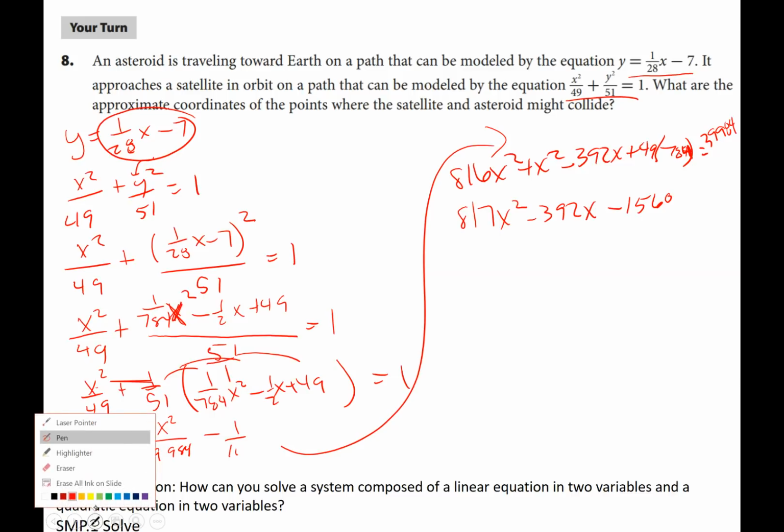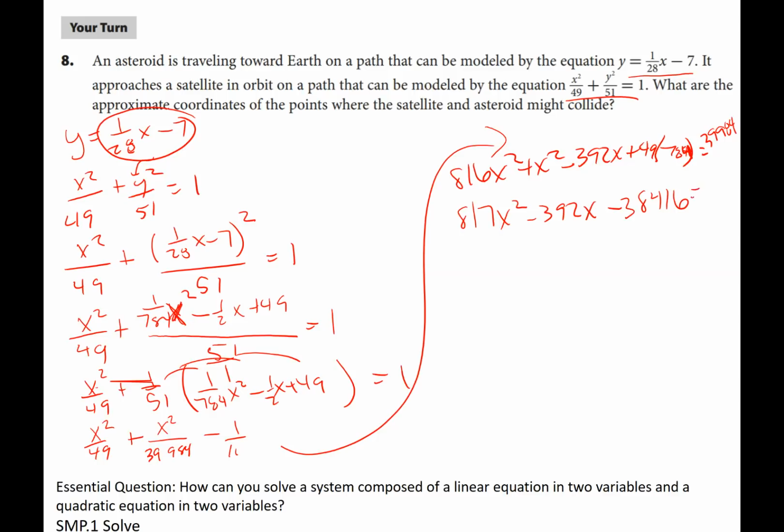That's what we get when we move the big number over. So let me write out the number because they skipped a step. So 49 times 784 is, I need a pen, not an eraser, 38416 equals the 39984. We're going to go ahead and move that over.